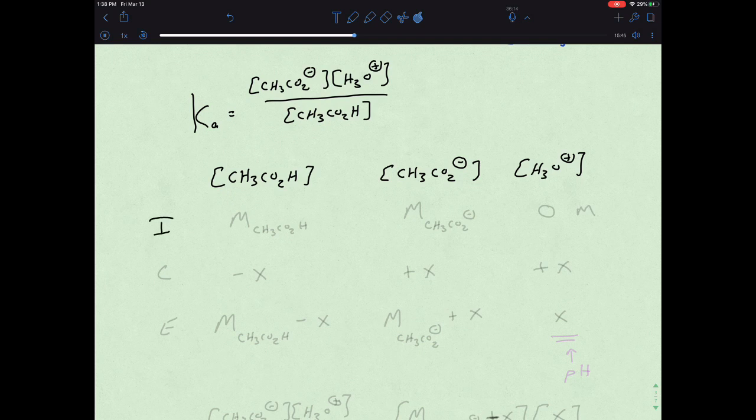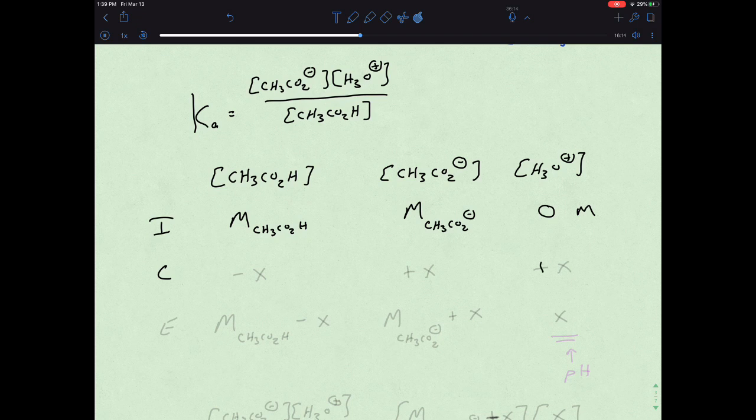And so initially, we are going to have an initial concentration of both our acetic acid and our acetate, but we will not have a concentration of hydronium ion. So that's the sign or the flag, right, to tell us which direction change has to go towards in order to reach equilibrium.